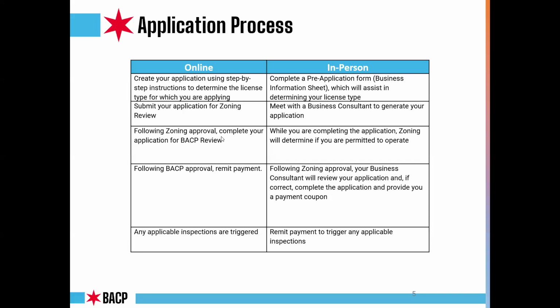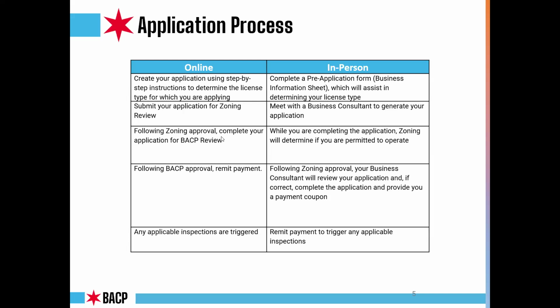And then that application will take you through what activities would apply to your business type. You are going to enter some general information about your legal entity, and then you are going to submit that application for zoning review. And zoning is going to determine whether or not the location from which you are operating is zoned properly for you to operate that type of business.